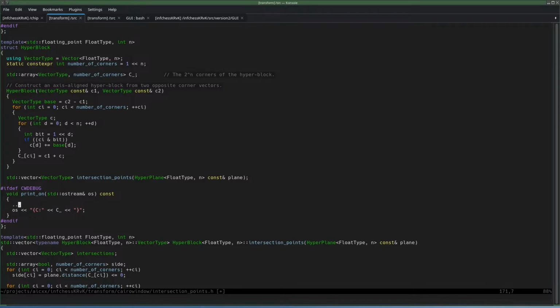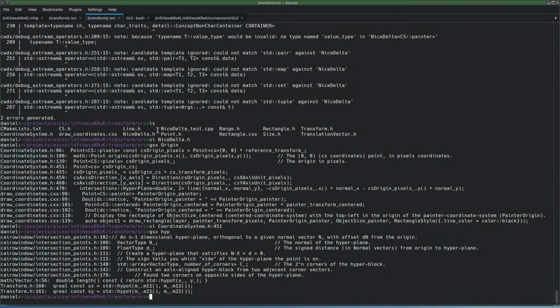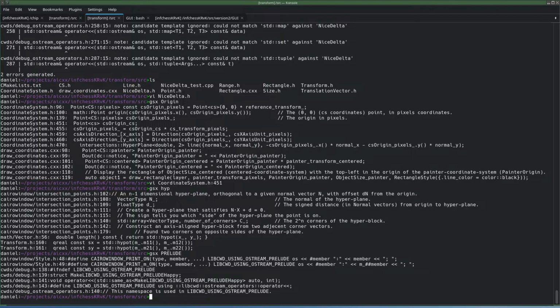I forgot, of course, what it was called, but something with prelude in it. Grab sources x prelude. I guess this one. It's the same as that one.